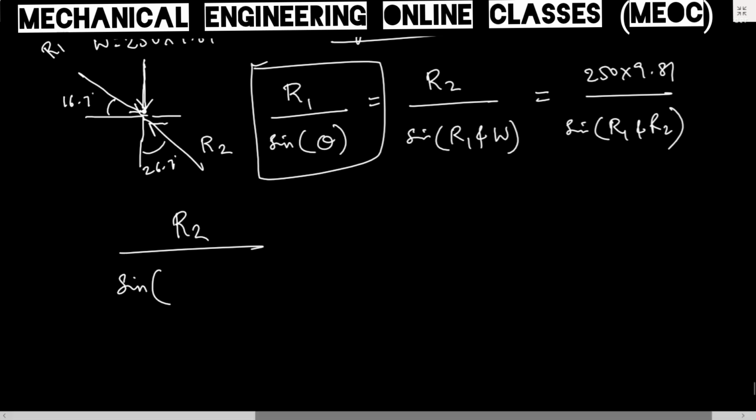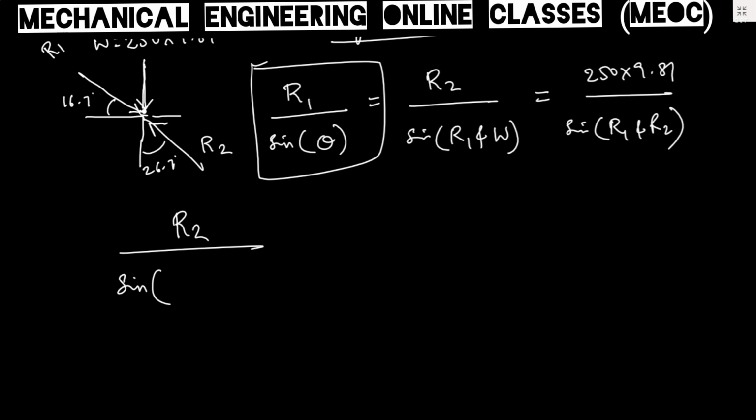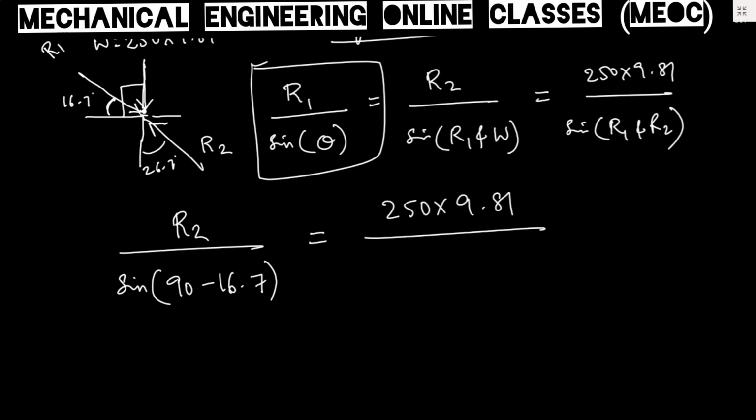250 into 9.81. So the angle between this is 90, this total is 90, 90 minus 16.7 is the angle between R1 and W. So R2 by sine of 90 minus 16.7 is equal to 250 into 9.81 divided by sine of angle between R1 and R2.